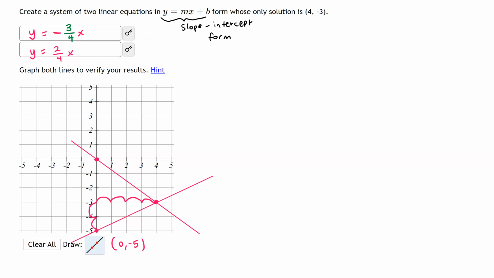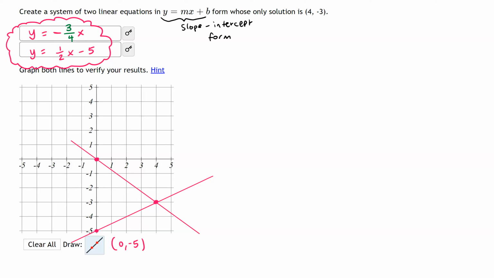That means our b value is negative 5, so I'm going to do minus 5. Now, the fraction 2/4 can be simplified, so I'm going to rewrite that as y equals 1/2 x minus 5. So these are just one system of equations of many that have the solution 4, negative 3. This is how you would go about doing this question.